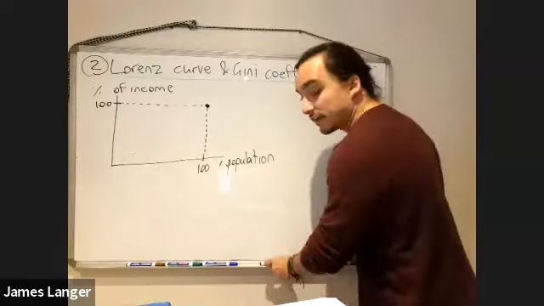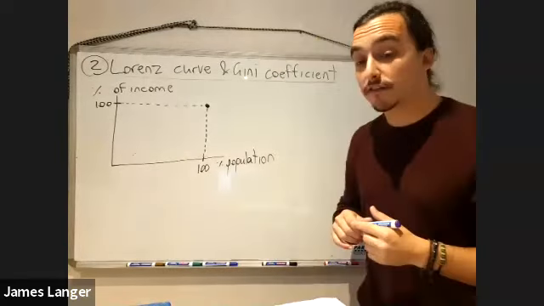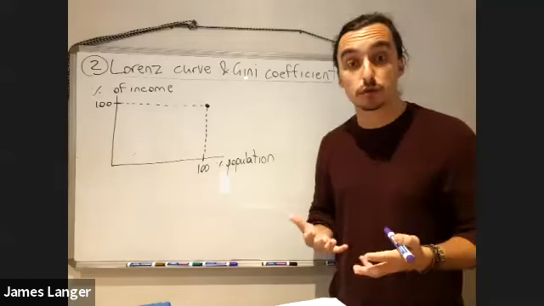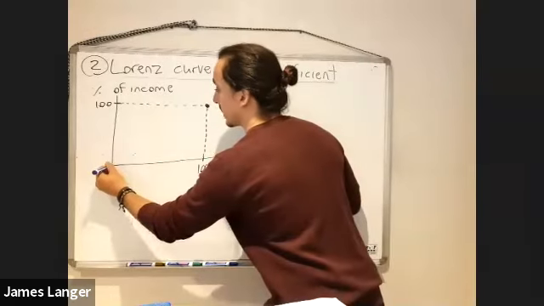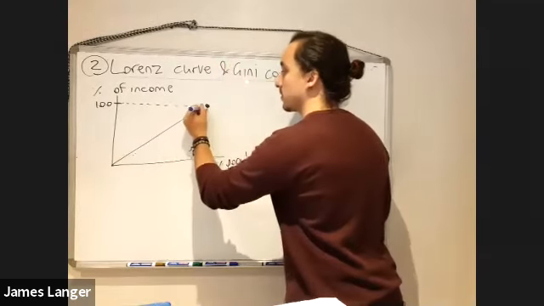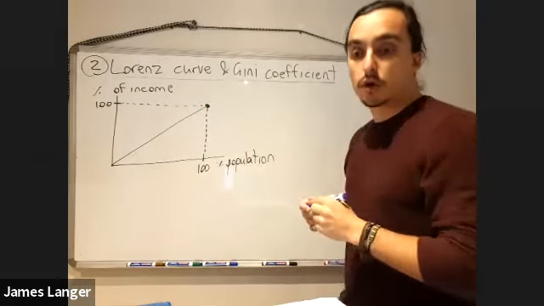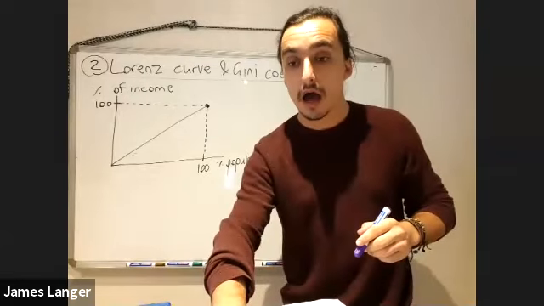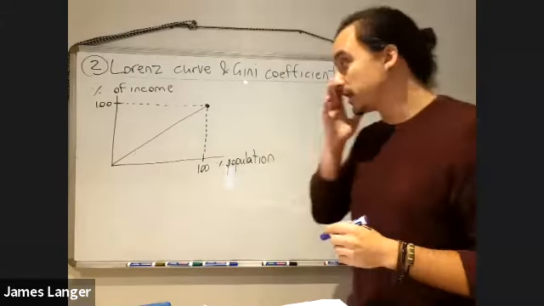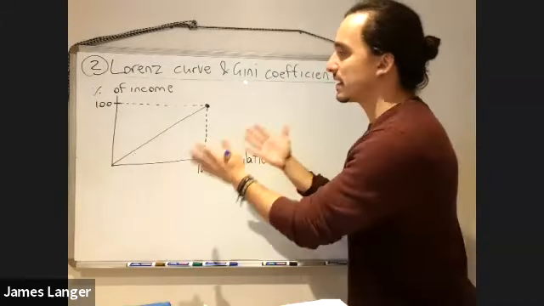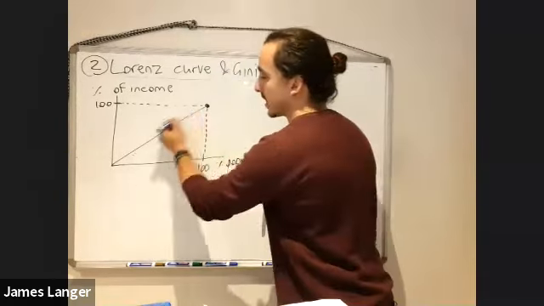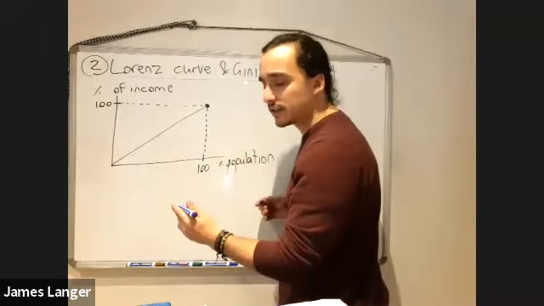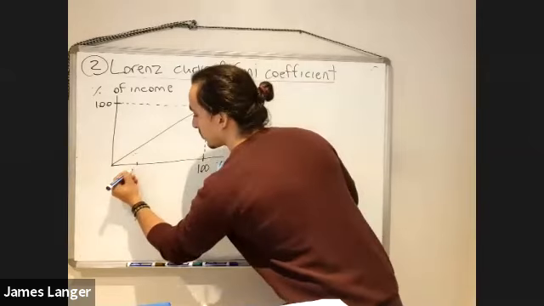Cool. And we know that if income were to be perfectly distributed, we would have a straight line. We would have a straight line there if income was perfectly distributed. And what does that mean? This is how we read this, so work with me, everyone.